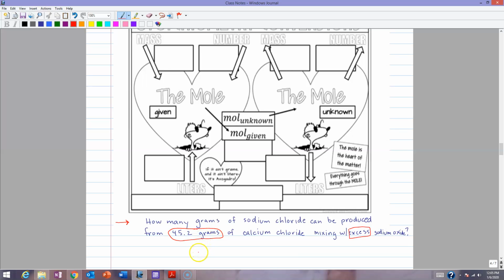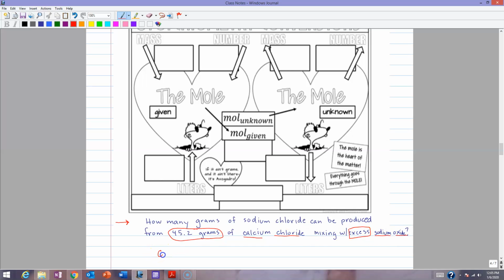Now, where do I start? All stoichiometry problems, you have to start with a balanced equation. So I need to look in my problem and see what are my reactants. What am I producing by mixing what with what? So I am mixing calcium chloride and sodium oxide.